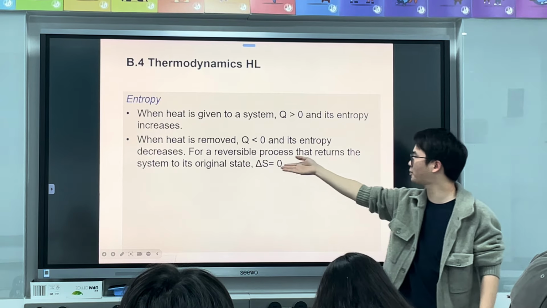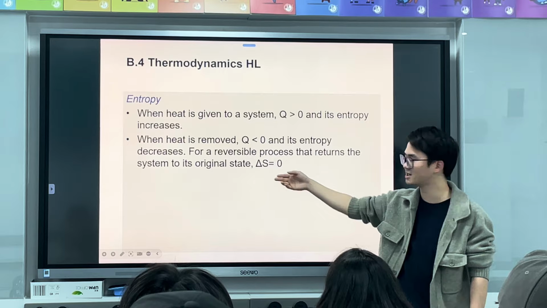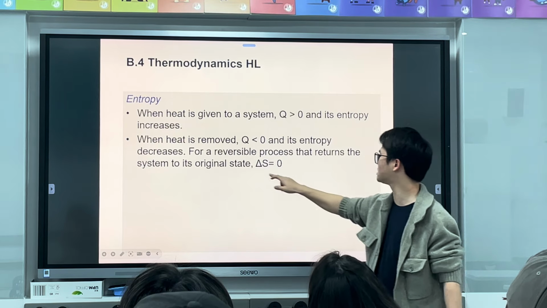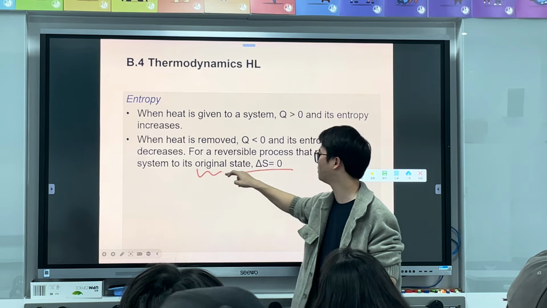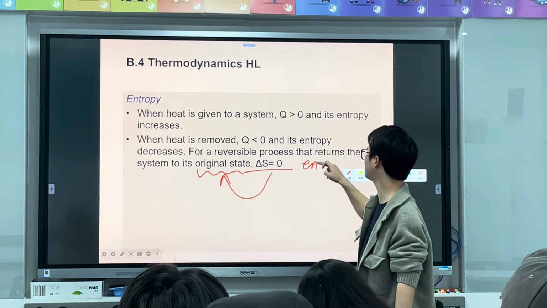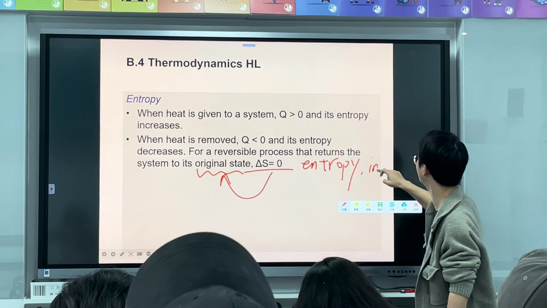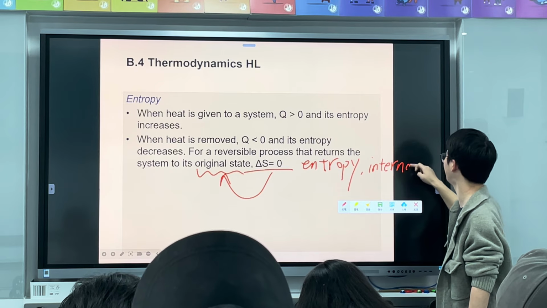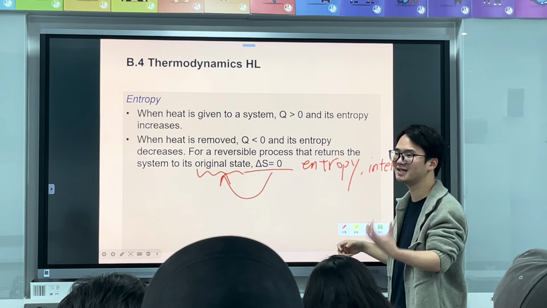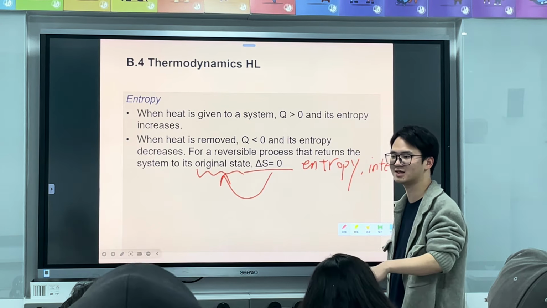For a reversible process that returns the system to its original state, entropy does not change, because entropy is a state variable, okay? Entropy and also internal energy, both of them are state variables, which means they only depend on the initial and final state. It doesn't matter how you change during the process.